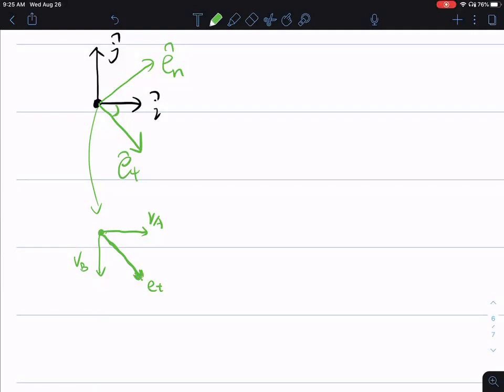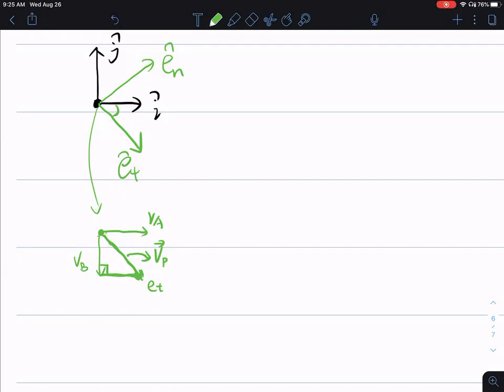And you can build a triangle. Let's draw a line here. I'm just drawing a line that is parallel to VA. Now we're building this triangle right here with the hypotenuse, which is your velocity vector V of that particle P. We know both edges.